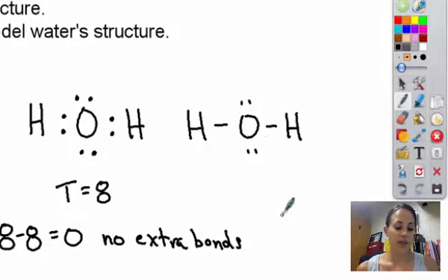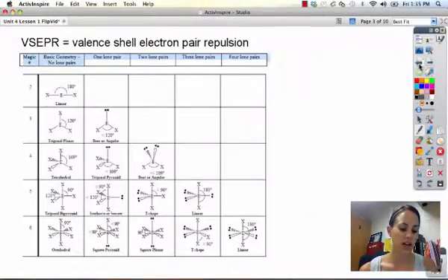Let's go back and also review VSEPR, valence shell electron pair repulsion theory. It's important to know the shape of these molecules because these can help predict properties and behaviors.